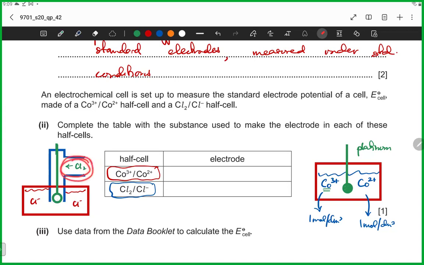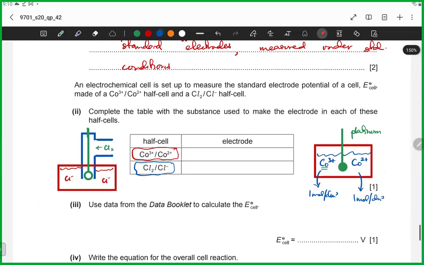It's a very electronegative element, so it's going to gain electrons from the platinum electrode, and that will become positively charged. So in both cases, it's going to be a platinum electrode.